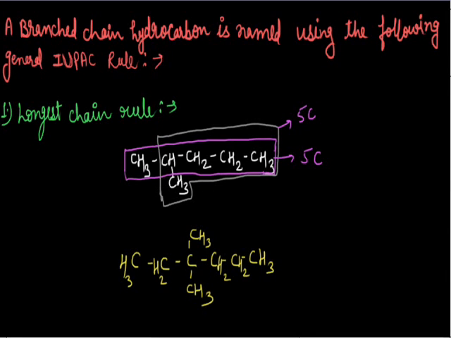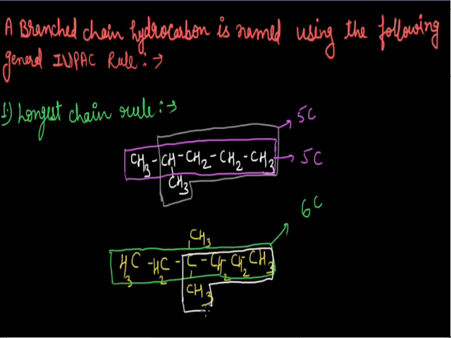here the possibility of selecting a carbon chain is that firstly we can choose that carbon chain, and in that carbon chain 6 carbon atoms are present, and the second possibility is this.